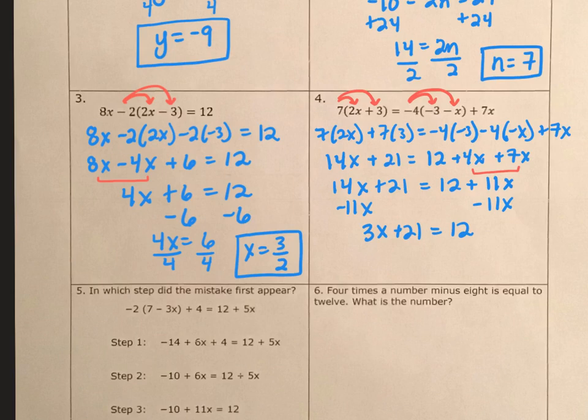Okay, now get rid of my constant by subtracting 21 from both sides. I'm left with 3x equals 12 minus 21 is -9. Now, get rid of my coefficient by dividing by 3, and I'm left with x equals -3.